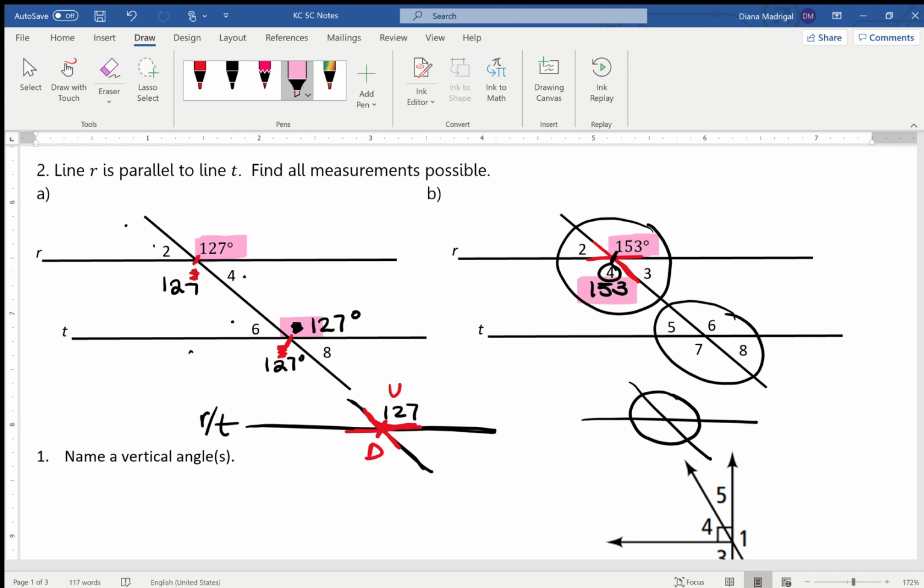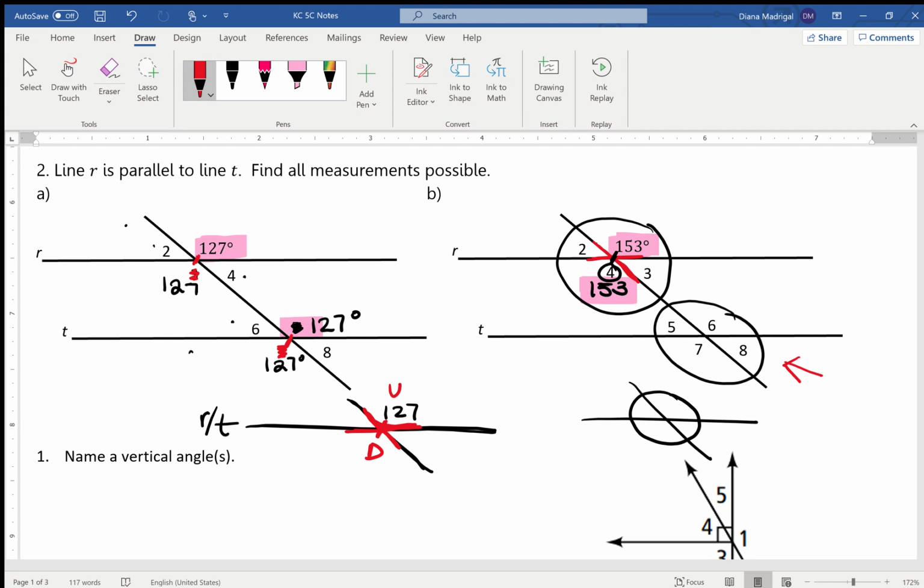Matching corner to 153 at angle 4 and 153 on the top. Which ones have 153 also for this circle right here? Angle 5, 6, 7, or 8? There's two of them. Which ones?